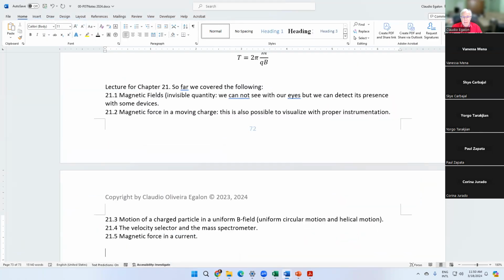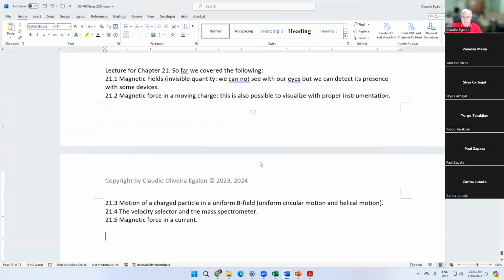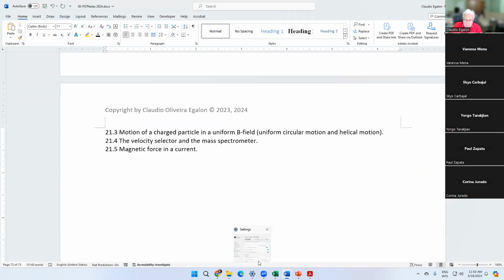Well, so here you go. Since a moving charge experiences a magnetic force, then it is straightforward, and an electric current is nothing but moving charges.